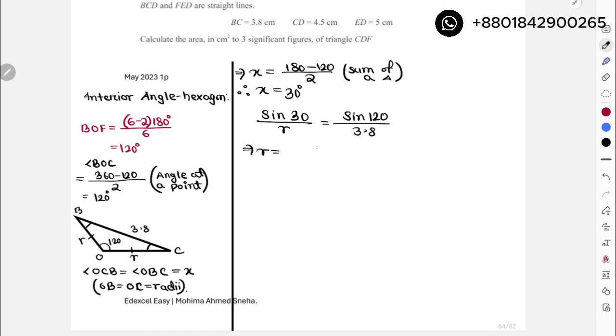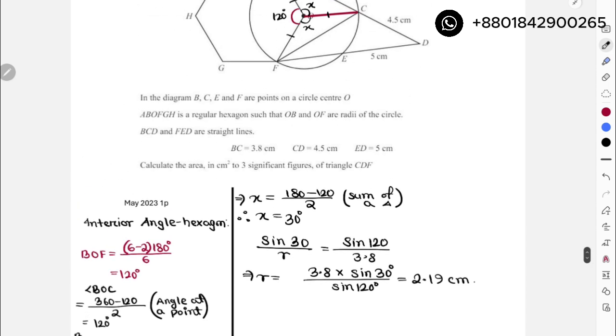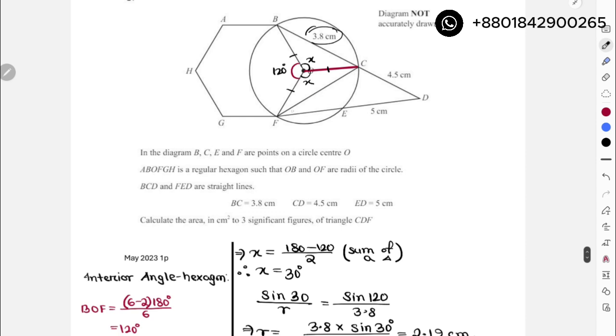So in that case, we get r equals 3.8 sine 30 divided by sine 120, and that will give you 2.19. Right, so the value for the radius here is 2.19 centimeters.